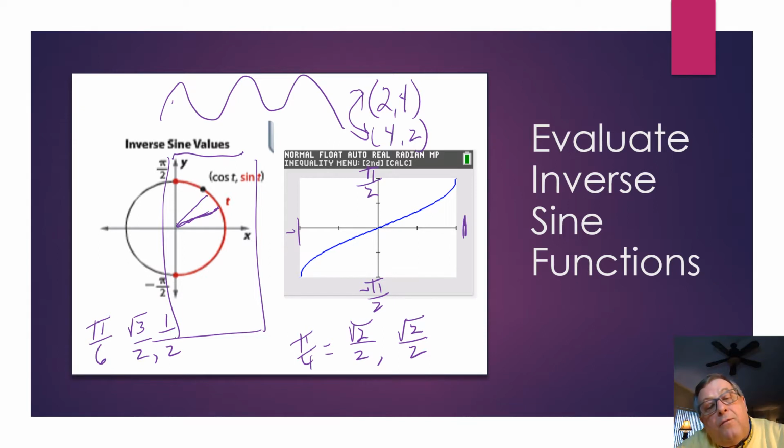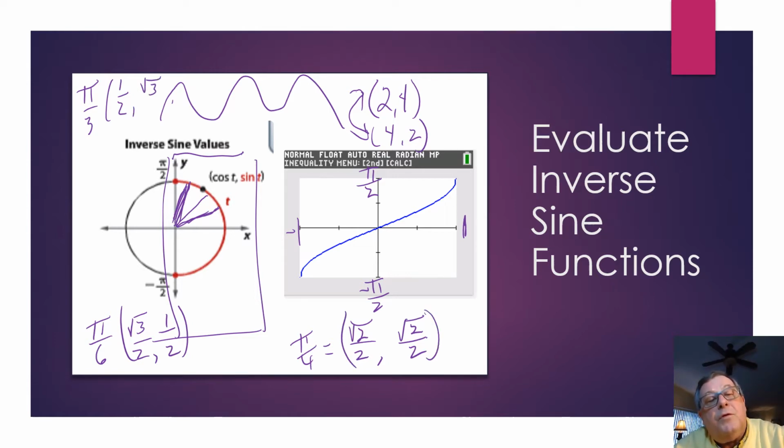And at pi over 3, right about there, sloppy drawings, but I hope you get the point, our cosine becomes 1/2, and our sine becomes the square root of 3 over 2.